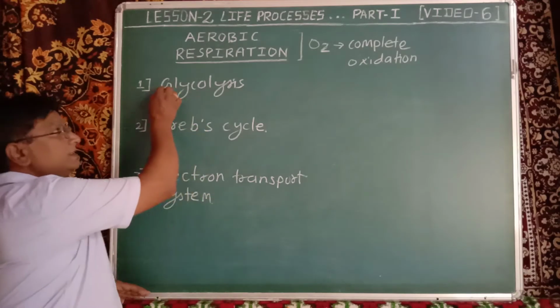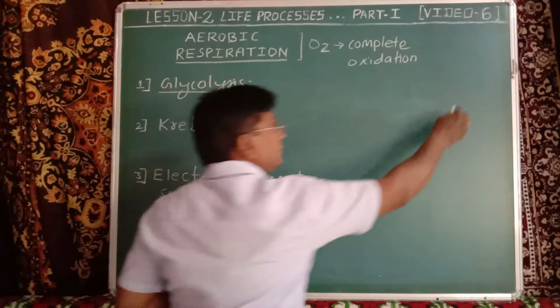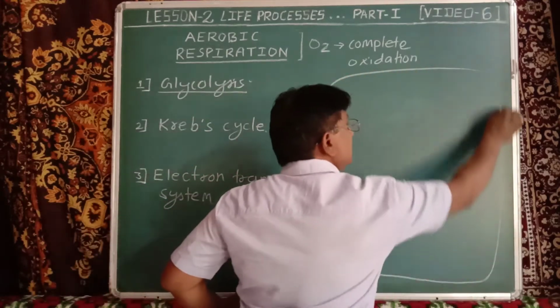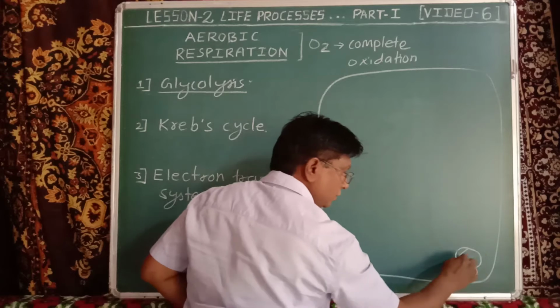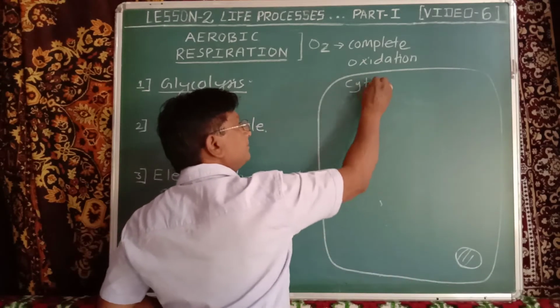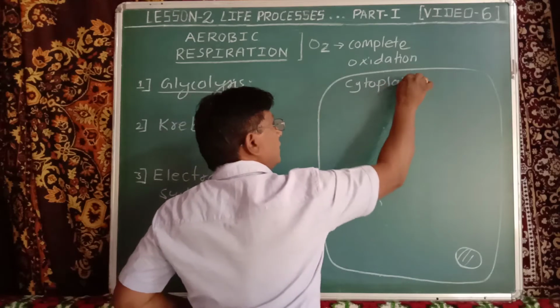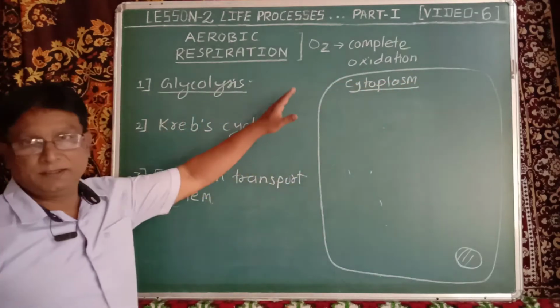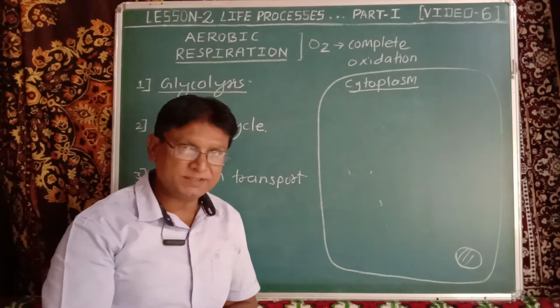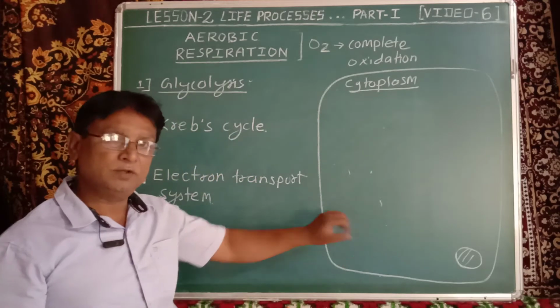First, glycolysis. Suppose this is a cell, since cellular respiration takes place inside the cell. Here is a cell and this is the nucleus. This is cytoplasm. Now, from the digestive system, blood takes the glucose and transports it to the different cells of the body.